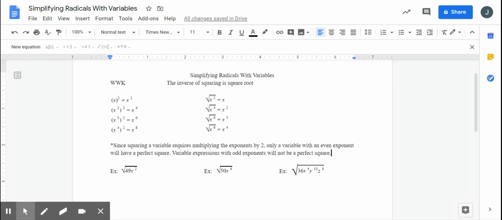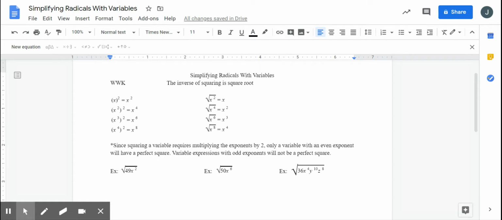X to the first power is being squared, so that's x times x, which gives you x squared, or x to the first to the second power. You keep the base and multiply the exponents. 1 times 2 is x to the second. So if x to the first squared is x squared, then the square root of x squared is going to be x to the first.